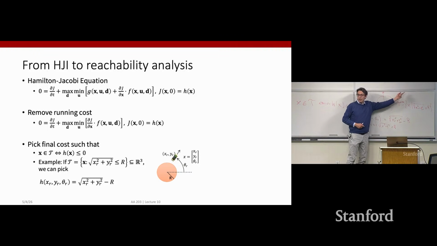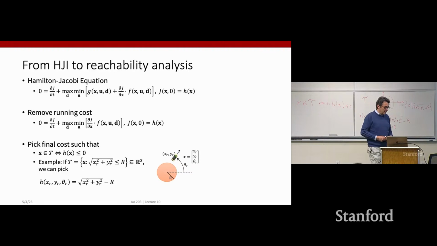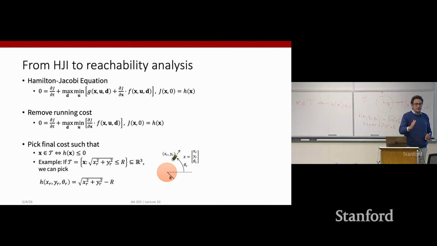The more h is positive, the farther you are from the circle. So actually, the magnitude of h also has an interpretation in terms of how safe or how unsafe you are. But most importantly, the sub-level set of h tells you whether a system is in the target set or is not in the target set.